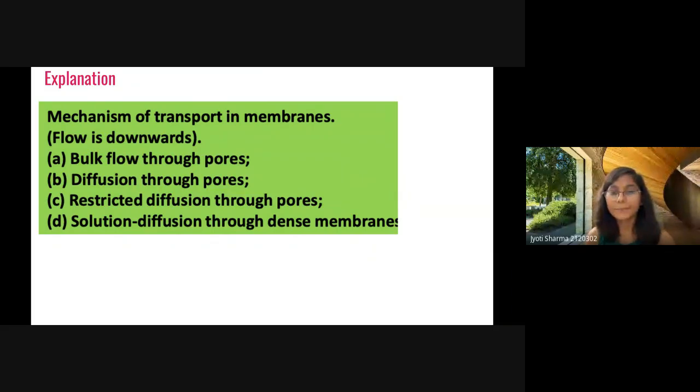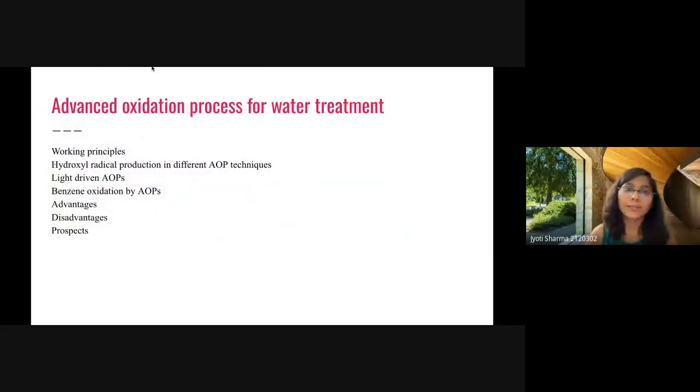Okay, coming to the next one, the last but not the least. This is advanced oxidation processes. Whatever molecules we have in the water, we have some oxidant. That oxidant will react with that molecule, and this is how it will give you CO2 and similar products, and this is how we will have the purified water.